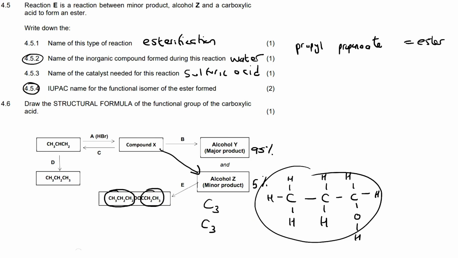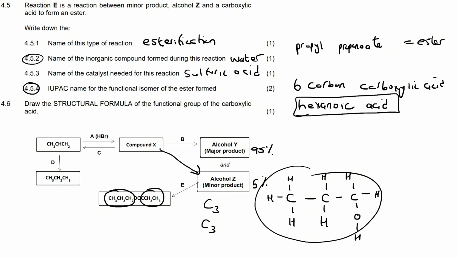In grade 12 organic chemistry, there are only 2 pairs of functional isomers: aldehydes with ketones, and carboxylic acids with esters. This is a 6-carbon molecule, so the functional isomer must also be a 6-carbon carboxylic acid. What would the name of that be? Well, that would be hexanoic acid, because it's 6 carbons.